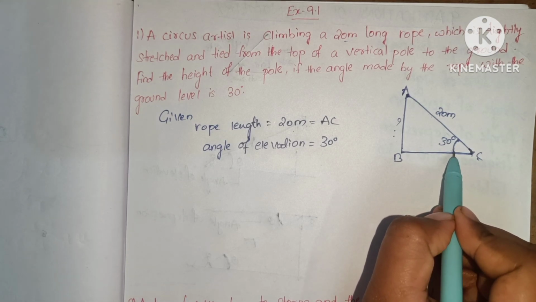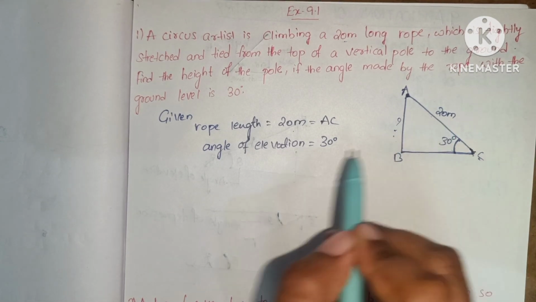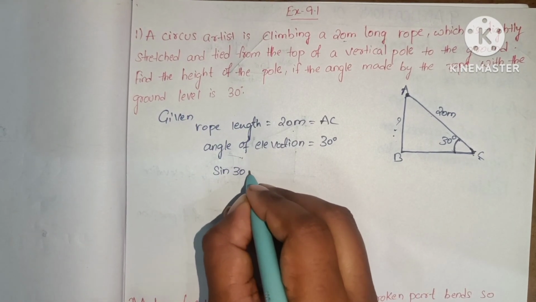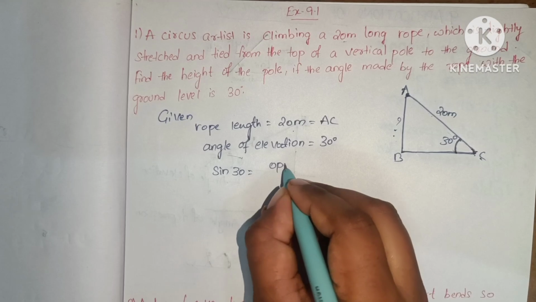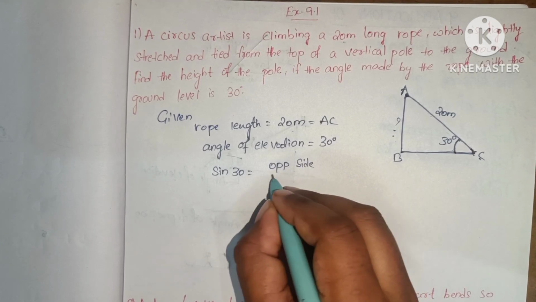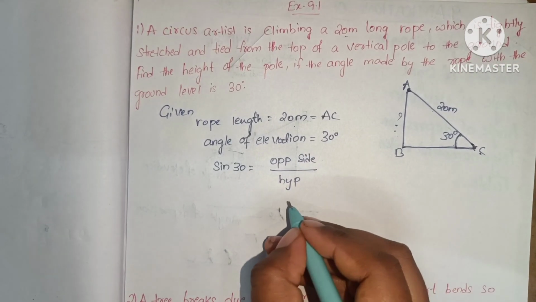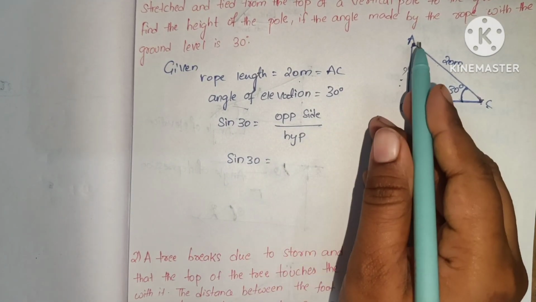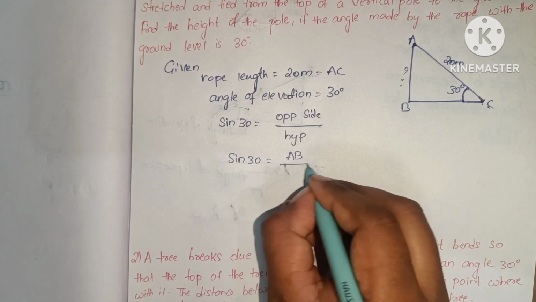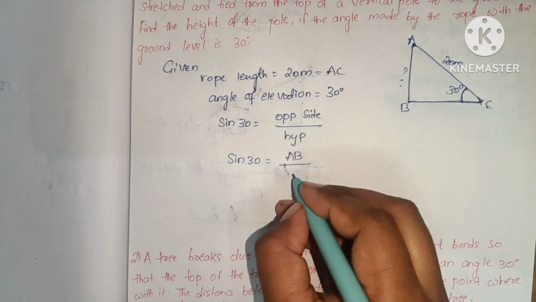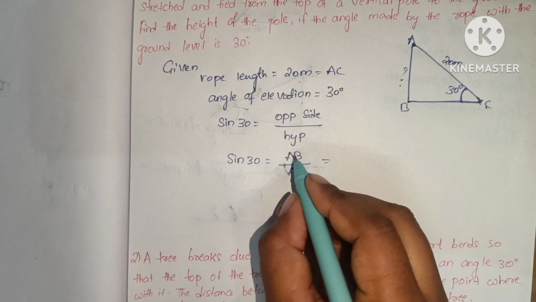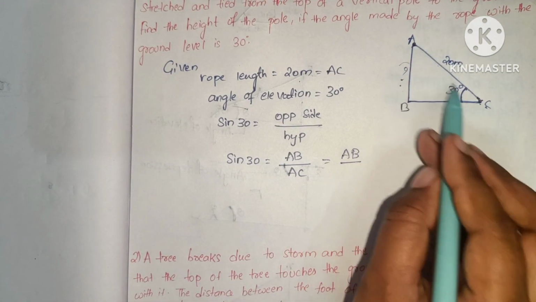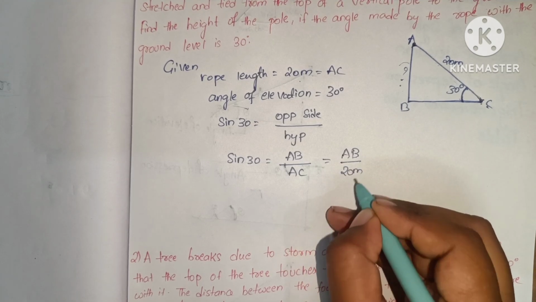In the trigonometric ratios, where will you use opposite side and hypotenuse? Sine, right? So sine 30 equals opposite side by hypotenuse, that is AB by AC. AB we don't know. AC is 20 meters.